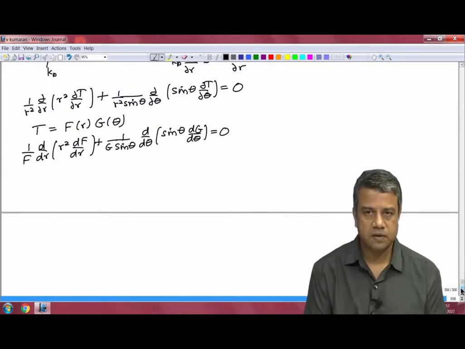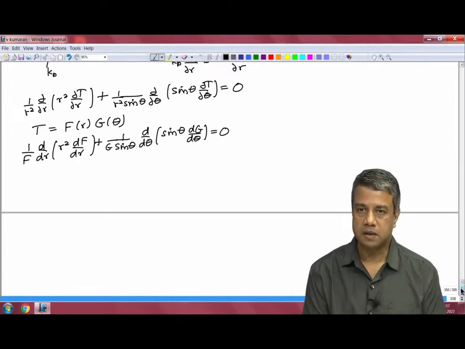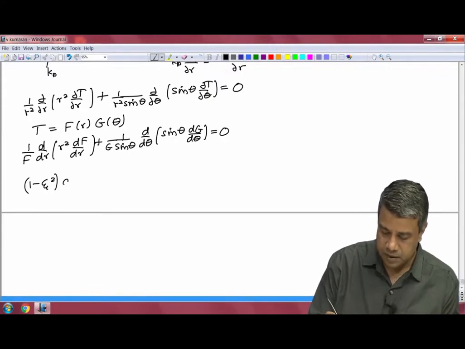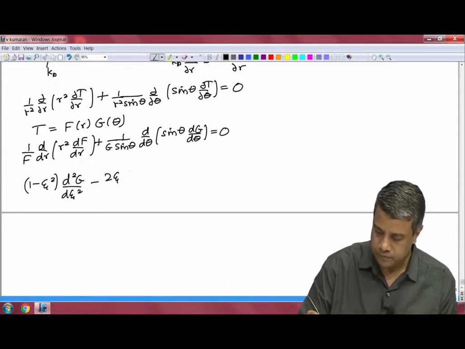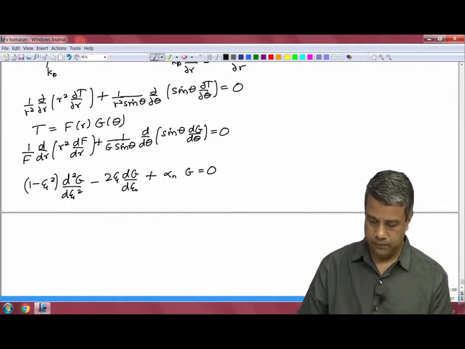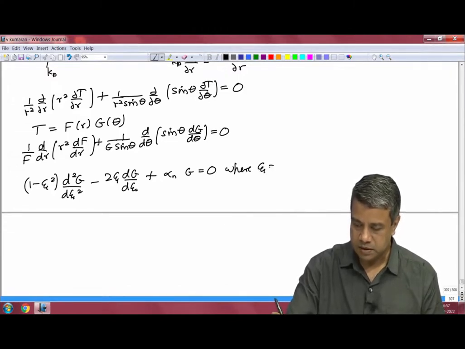Now, the first term on the left is only a function of r, the second term on the left is only a function of theta, both have to be equal to a constant, and we saw that the series solution for G can be reduced to a Legendre equation of the form 1 minus psi square d square G by d psi square plus alpha n into G is equal to 0, where psi is equal to cos theta.